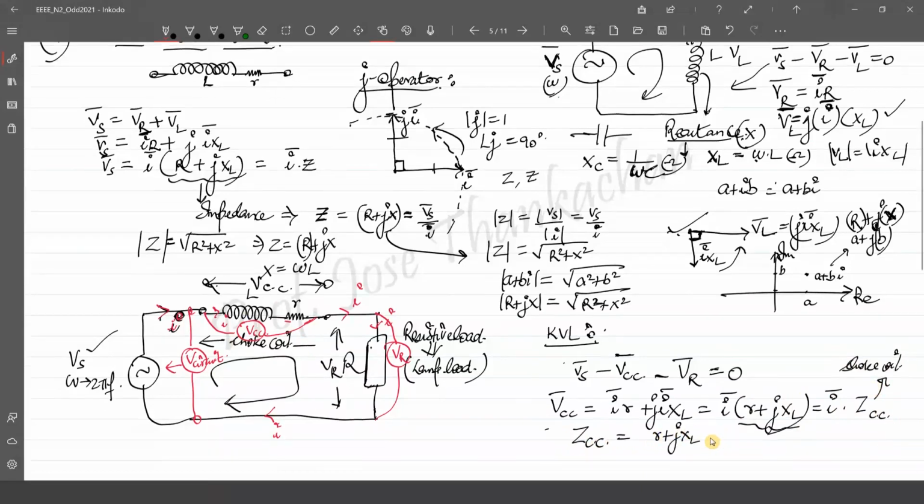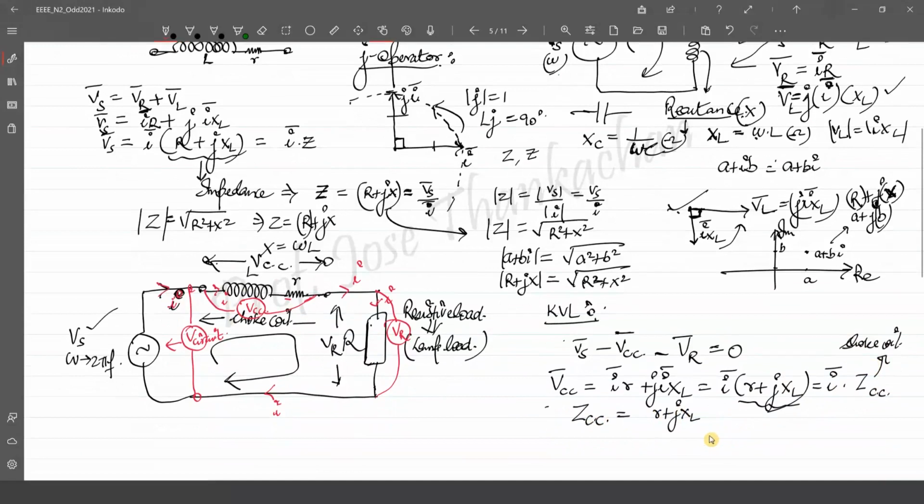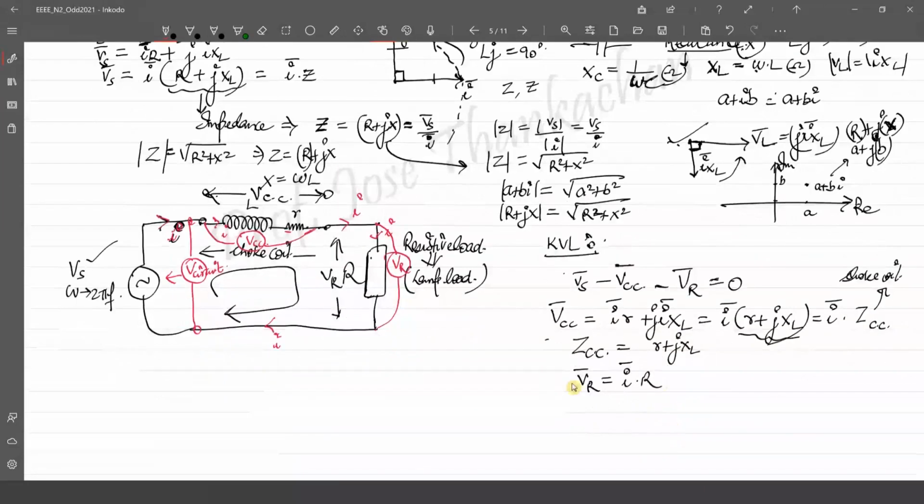Now, what else are we measuring? We are measuring the voltage across the resistance also, that means this load. These are resistive loads, isn't it? So what is VR? VR phasor can be written as the current flowing through that load, that is I, since it's in series, the same current, multiplied by the resistance value of the load resistance R. Now I'm going to substitute this VR and VCC in the main equation.